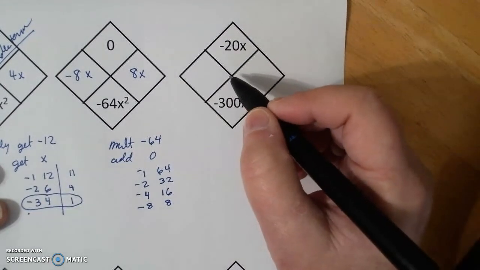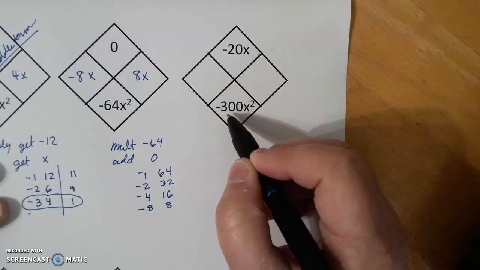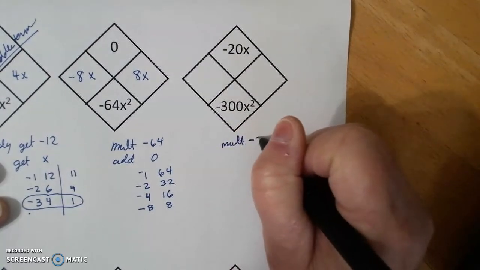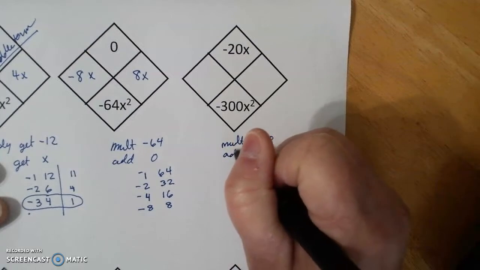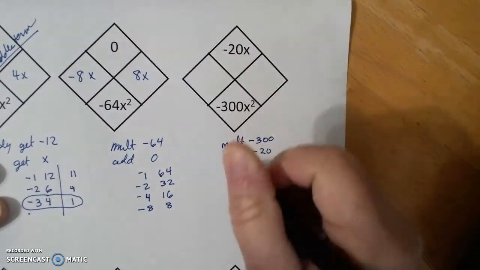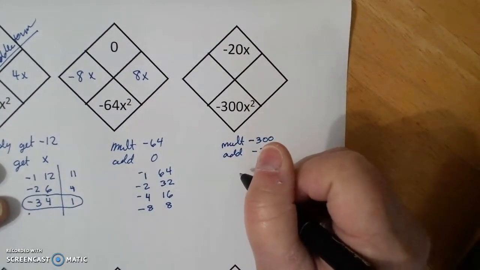I'm going to do multiply to get negative 300, add to get negative 20. I'm going to see if I can factor out that 10 and see if I can do that.